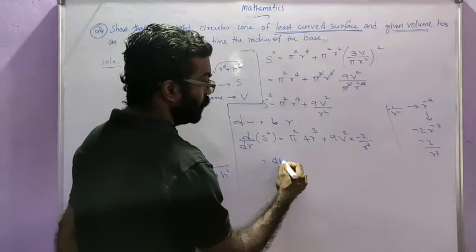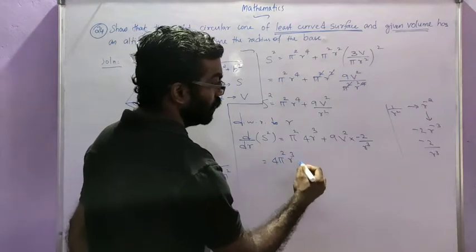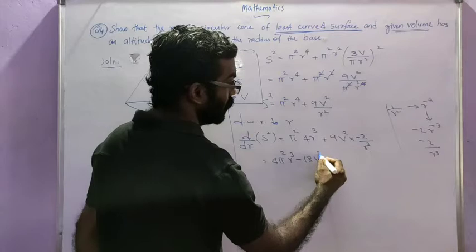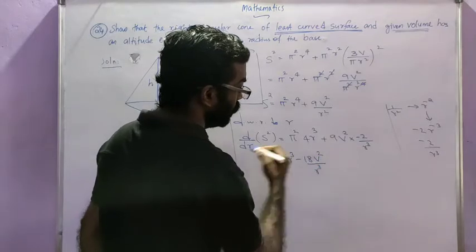That is 4 pi square r cube minus 18 v square divided by r cube.